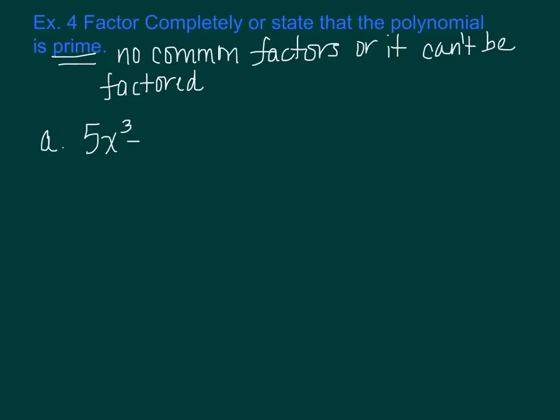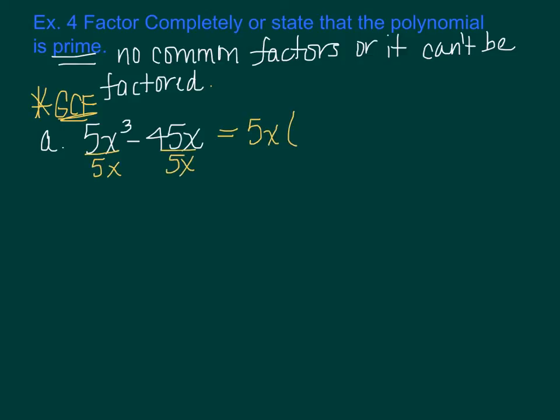5x cubed minus 45x. First thing you want to always look for is that GCF. So they both have a 5x in common. So I'm going to divide both by 5x. The 5's divide evenly, so I'm left with x squared.